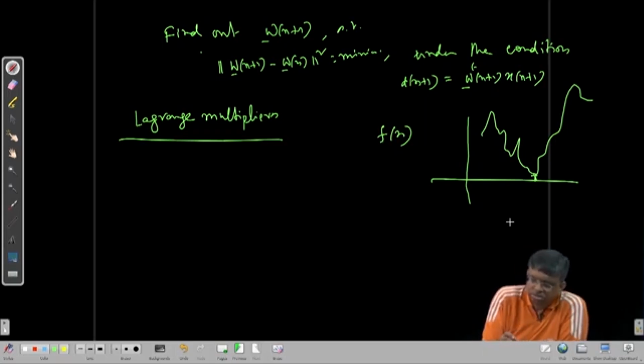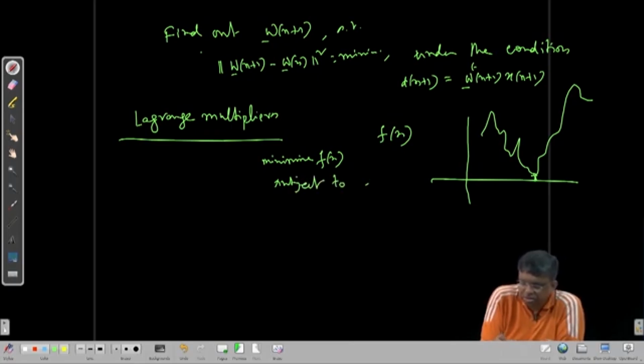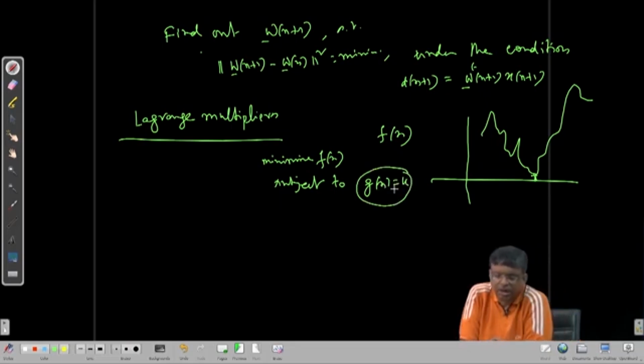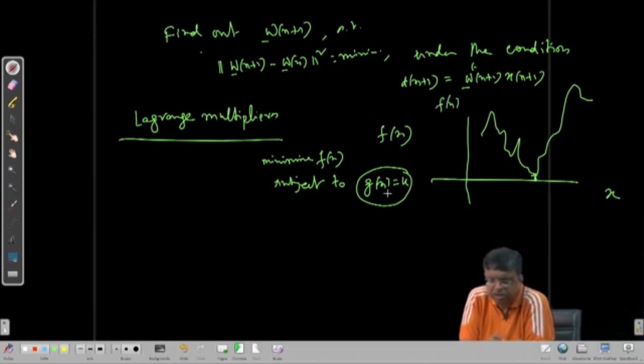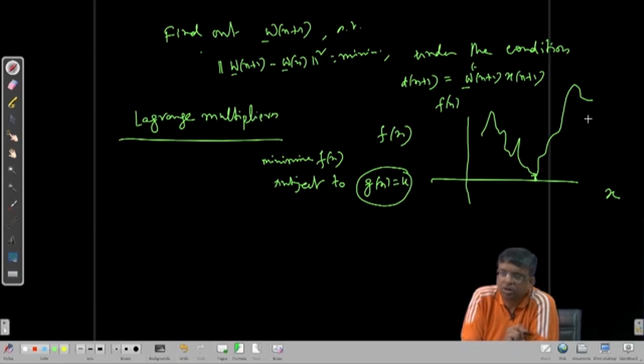But you are given that you minimize f of x subject to the constraint of some other function g x equal to say k. So, only when g x equal to k is satisfied, this is the x axis, this is f x. Only wherever this is satisfied, you have to restrict yourself to that. So, only that part of this function will be considered, and there you have to find out the minima.